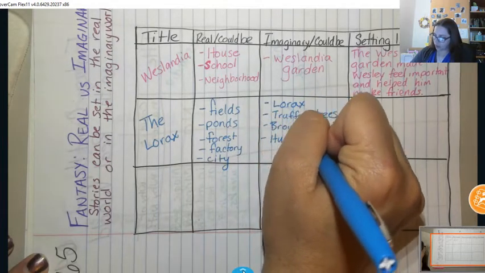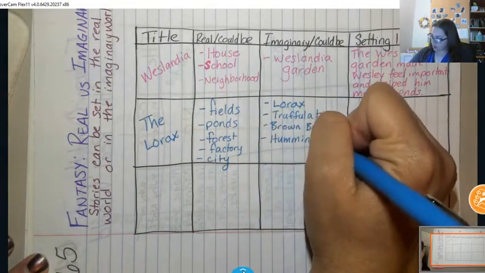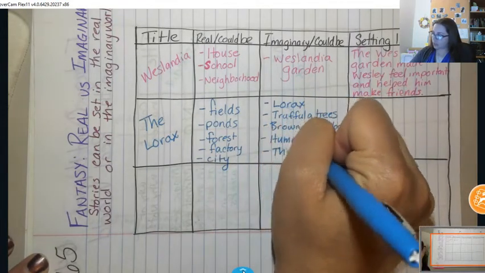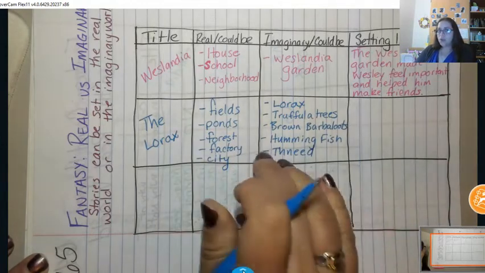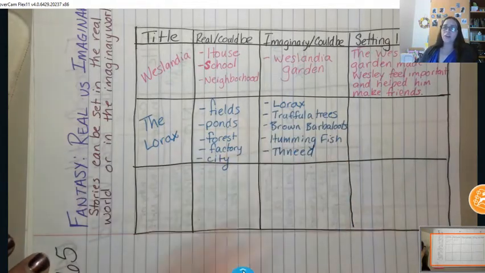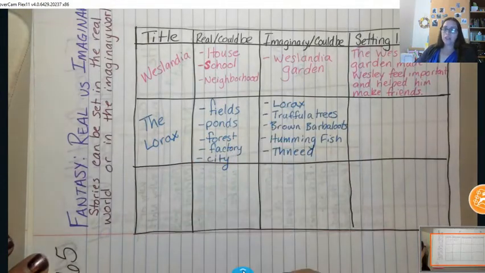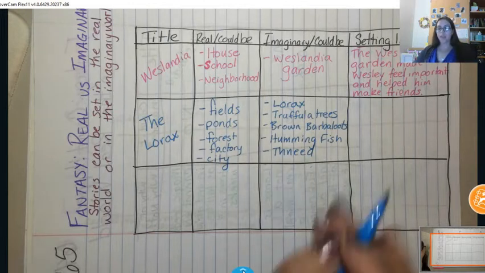They were cute. And I've never seen a thneed anywhere. So those are all imaginary. Now there are other imaginary objects and animals from the Lorax, but these are just the ones that I'm going to write down for our examples today.